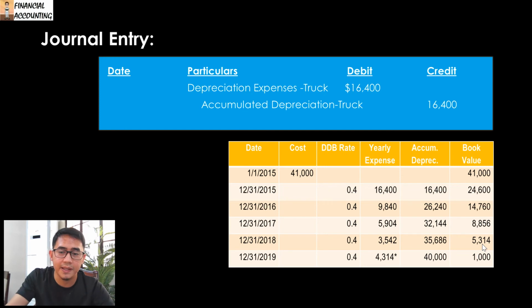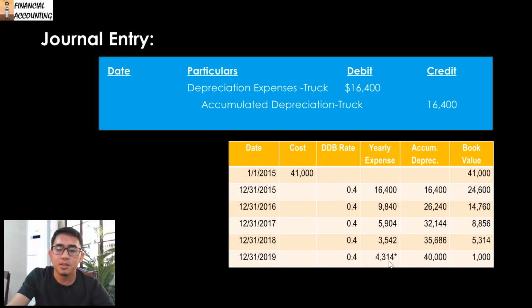a different computation on the last year, because you will now depreciate what is left in the depreciable amount. Remember that our depreciable amount is 40,000. So what is left is 4,314 in order to complete the depreciation of 40,000 in that particular asset.